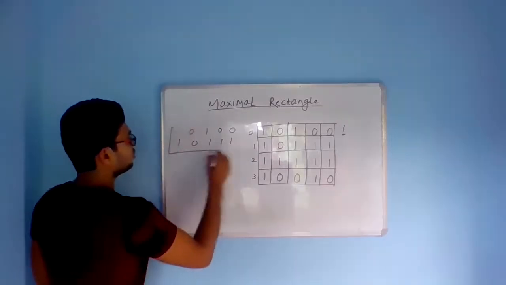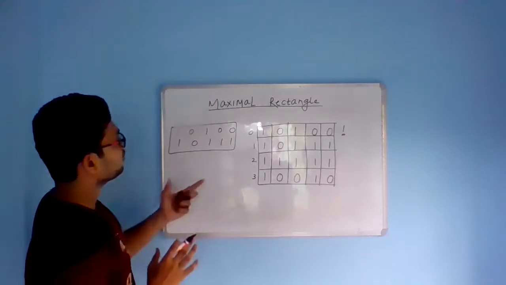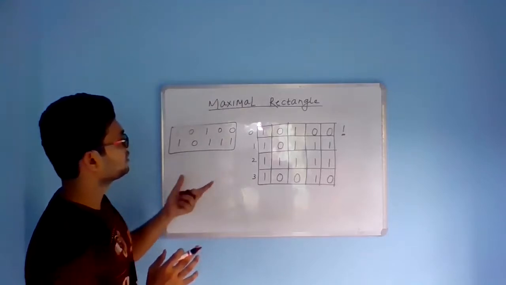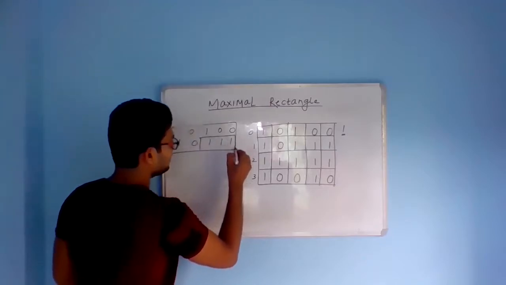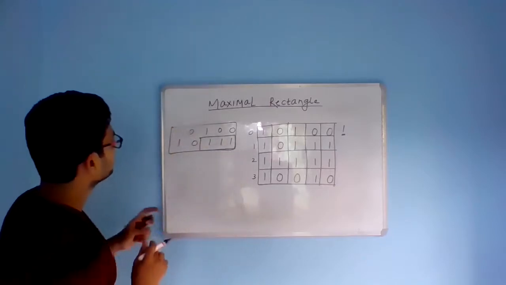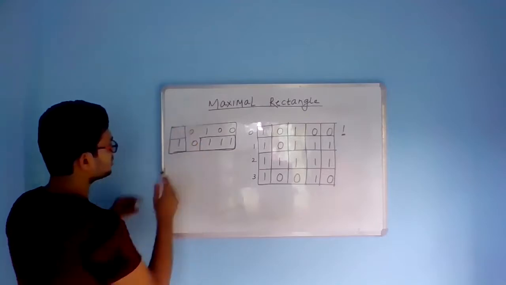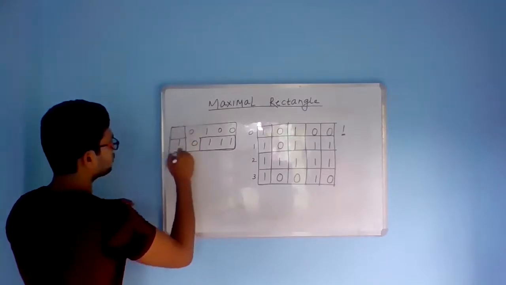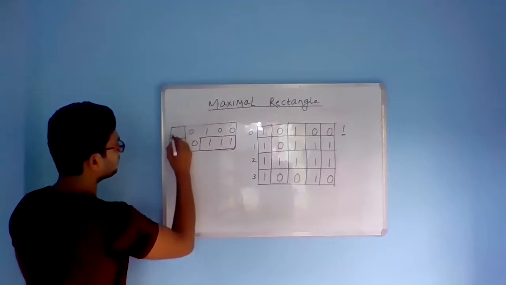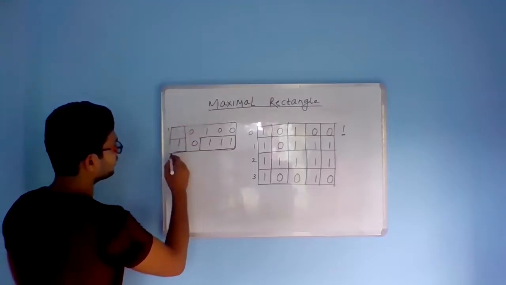Okay, so guys, tell me what is the largest area out of this? You can obviously see this will be the largest area, isn't it? Because if I take this much submatrix and find its area, the height will be 2 obviously, and the width is 1.